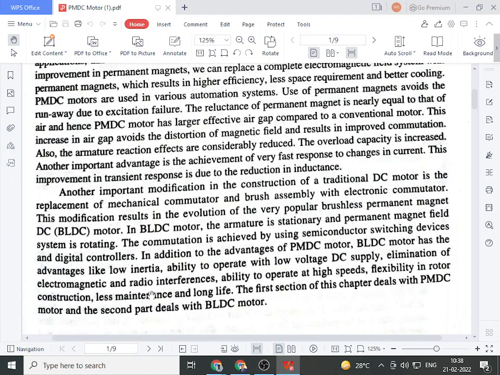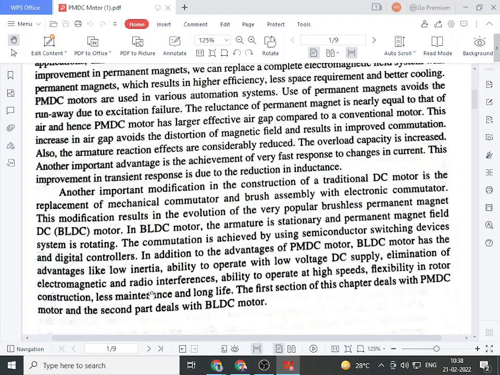Along with this, as the rotor consists of permanent magnets, the inertia of the entire rotor is reduced. If we place a field system on the rotor, the field winding has higher inertia and will increase the inertia of the entire rotor. So in the BLDC motor, the rotor consists of permanent magnets, so the inertia of the rotor is less.